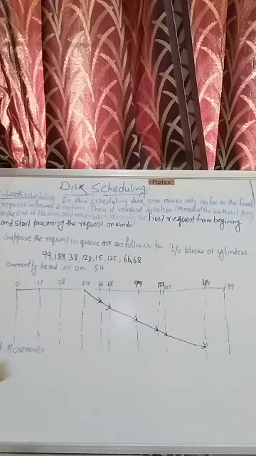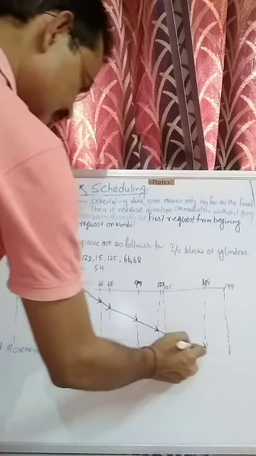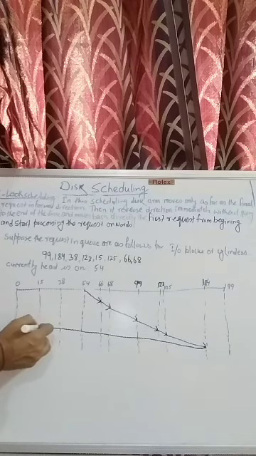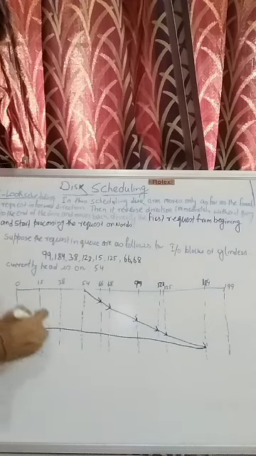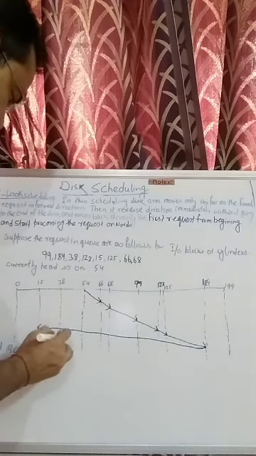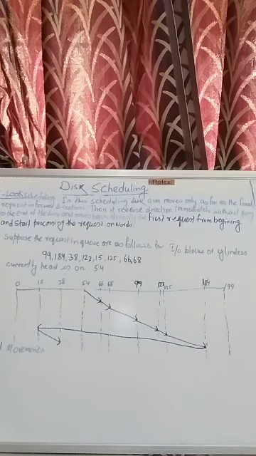After that, it immediately moves back to process the first request from the beginning. That is, the first request is 15 in our case. After processing this request, it again moves forward and processes the request at cylinder number 38. So this is the logic used in C-look scheduling.